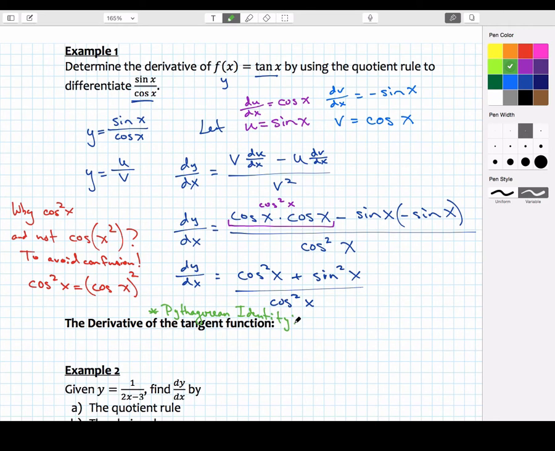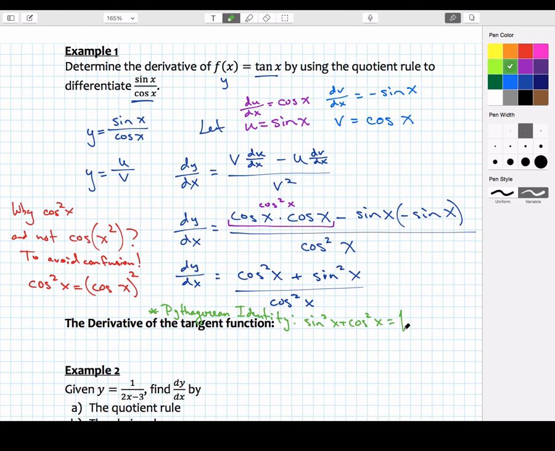Our Pythagorean identity is sine squared of x plus cosine squared of x equals 1. It comes from Pythagoras' theorem, right? Sine is opposite, cosine is adjacent.